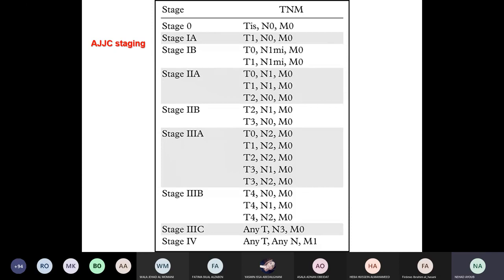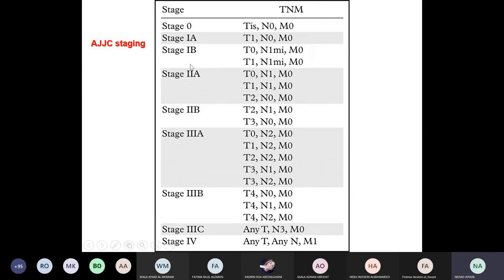Now when I have an invasive carcinoma, I start to stage from 1 to 4. Of course, this staging, or TNM system, comes from the American Joint Committee on Cancer. So when I know T, N, and M, the value of each, I can tell what stage the disease is.